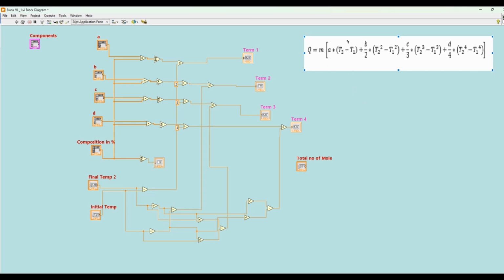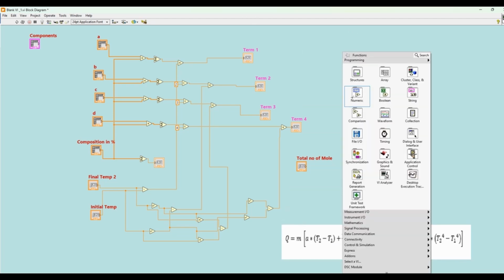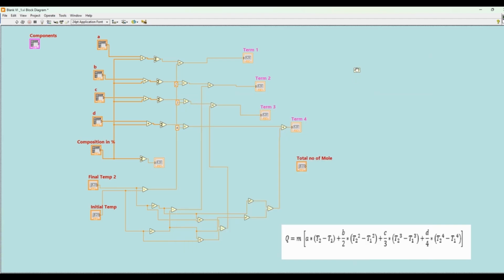Now we have to take the summation of all the four terms. So for that, we are going to compound arithmetics, and from here I'll just extend the nodes, and one by one I'll connect all the four terms with each individual node to take the summation of all the four terms here actually. So now I'll take the one indicator.